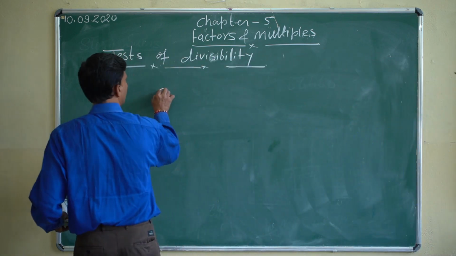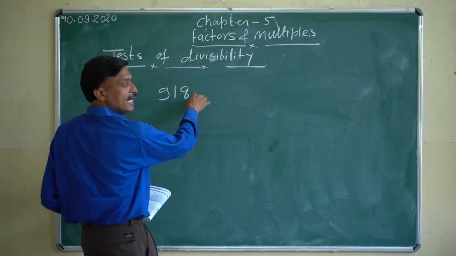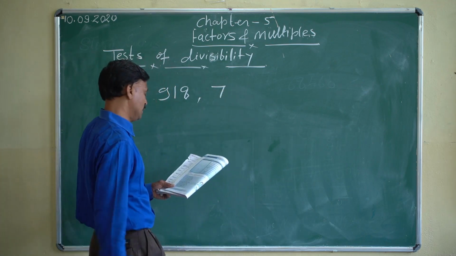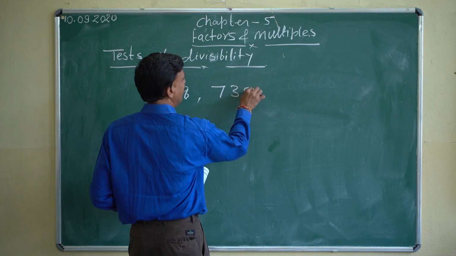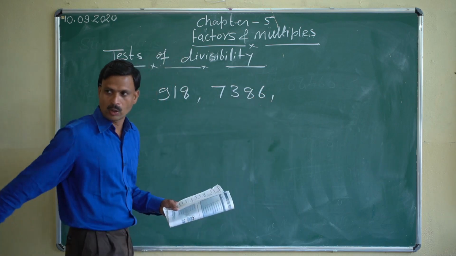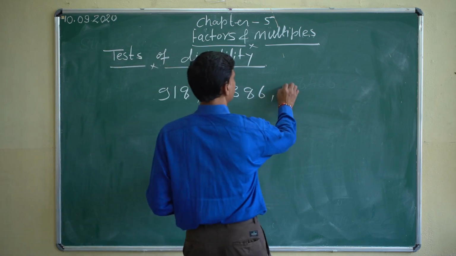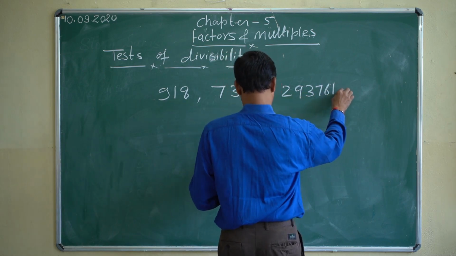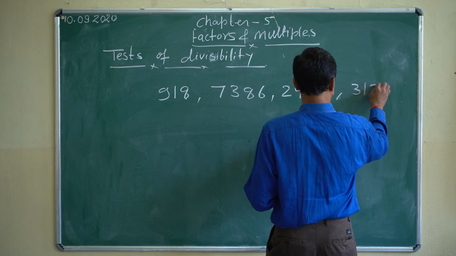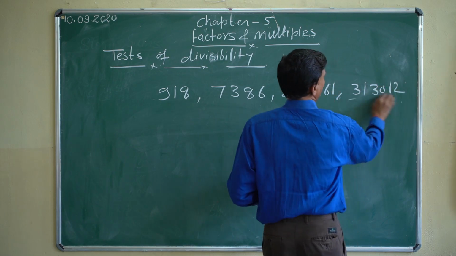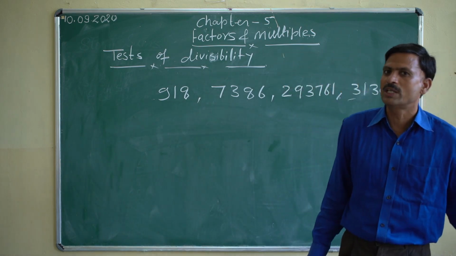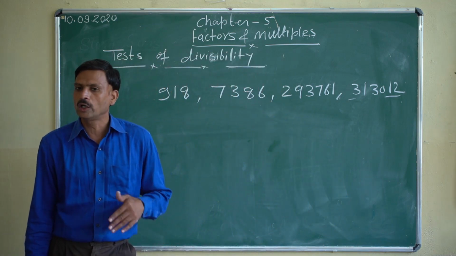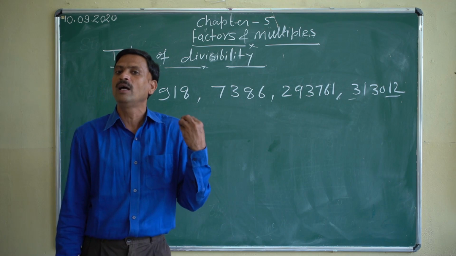Suppose the numbers are 918 and 7,386. We'll check whether these numbers are divisible by 3 or not without dividing.